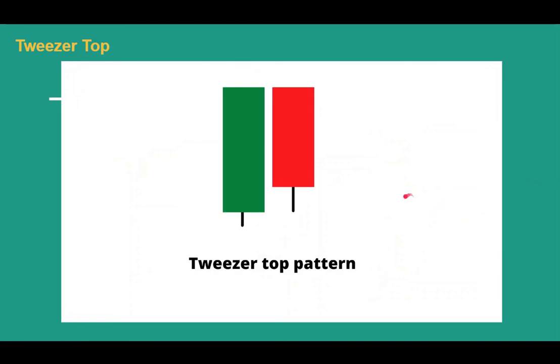Let's talk more about tweezer top pattern. The tweezer top pattern consists of a bullish candle followed by a bearish candle. The first candle is a bullish one, this green candle, and the second one is a bearish candle.